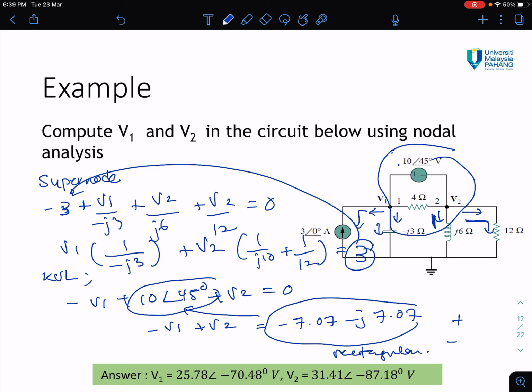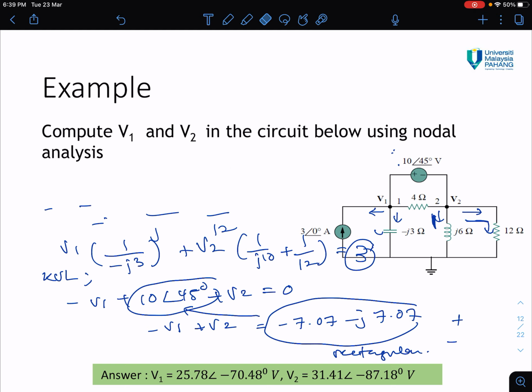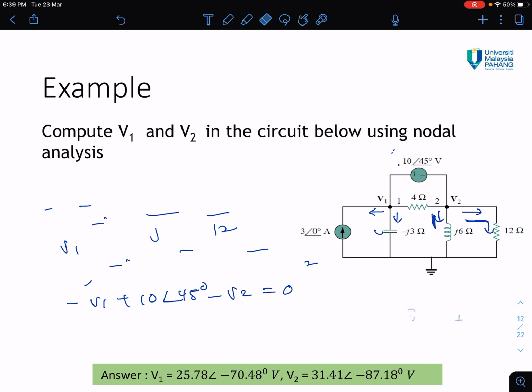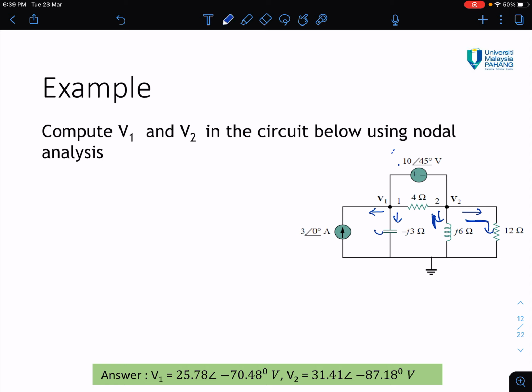So then we need to fill in all the equations in Cramer's rule. We need to form the matrix. From the equations we obtain 1 over minus j3, 1 over j6 plus 1 over 12, so minus 1 here, and then here 1.